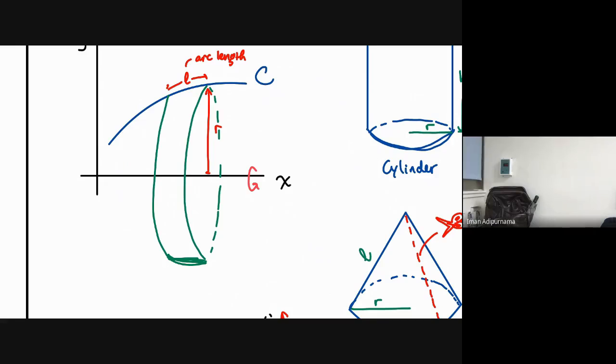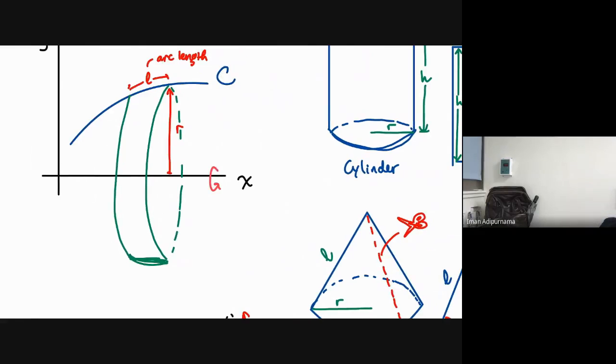To find the surface area, before you compute all together, you can compute the arc length first, and later put the arc length inside the 2 pi RL. So the formula is just 2 pi RL. This is the radius, this is the arc length.